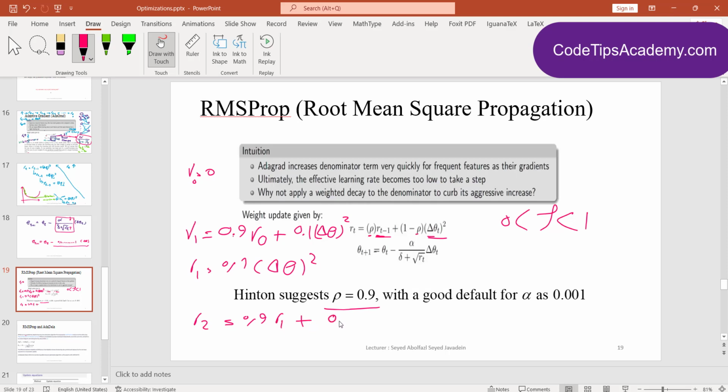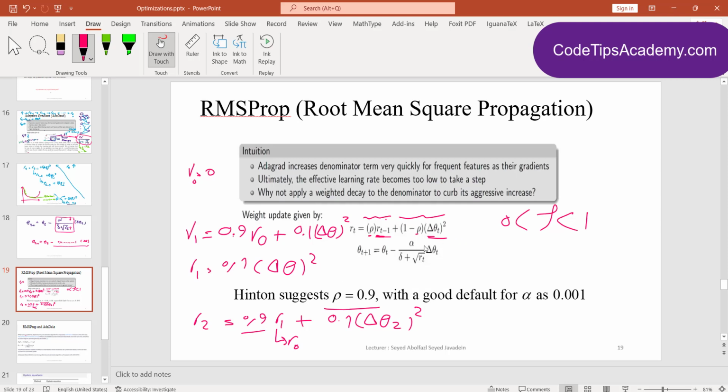And you can see here R2 depends on R1, and after some steps we can see that there is a balance between these two terms, and we don't let RT get a higher value in each step, because we multiply that by something closer to 1.